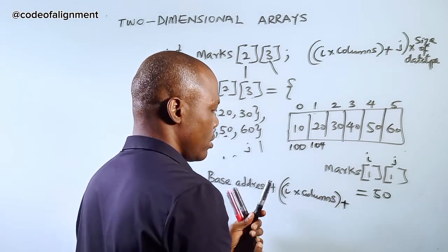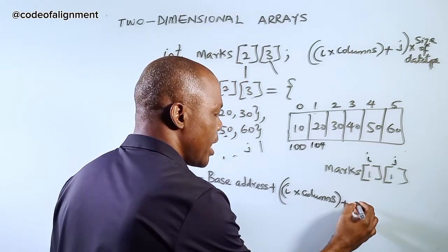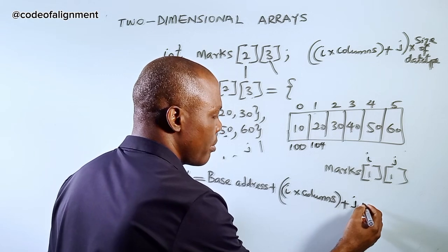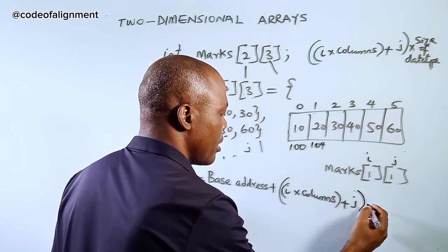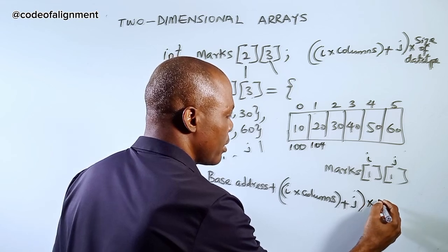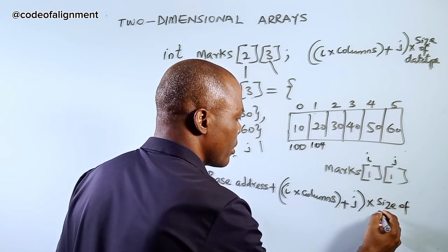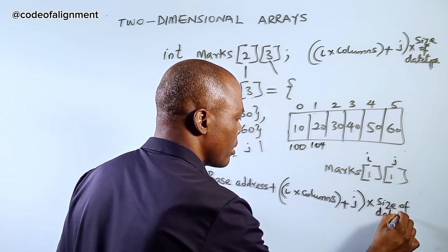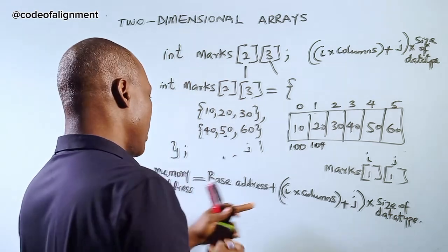Plus the index for the column, right? Then multiply by size of data type. This is what the formula will be.